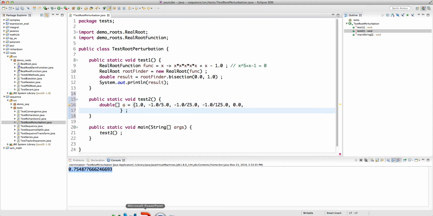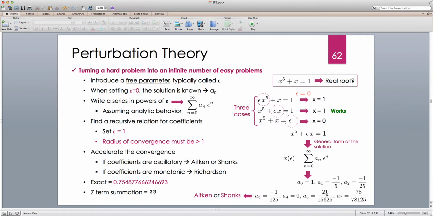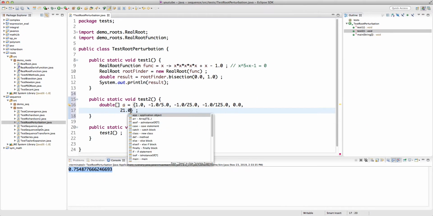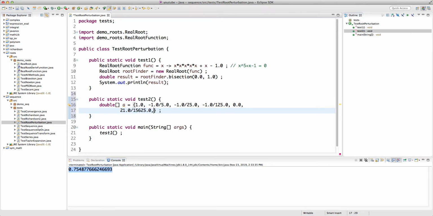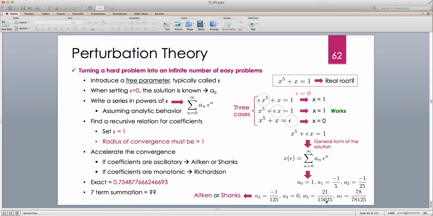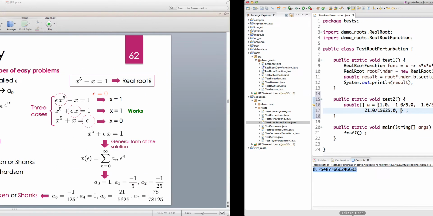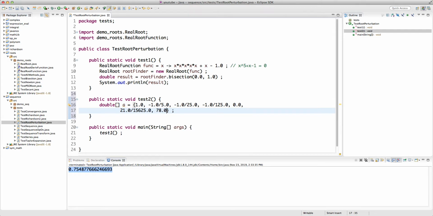A5 is 21 over 15,625, and A6 should be 78 over 78,125. So I have A0, A1, A2, A3, A4, A5, A6, okay?